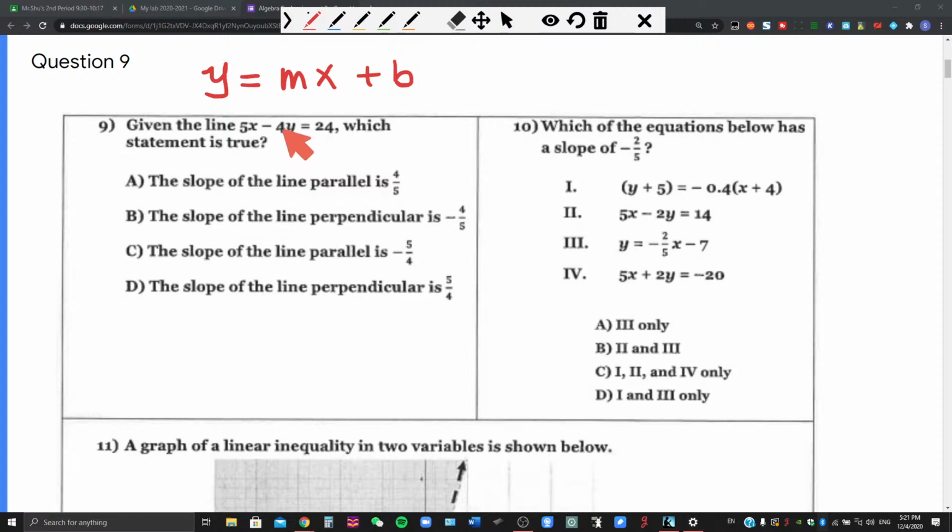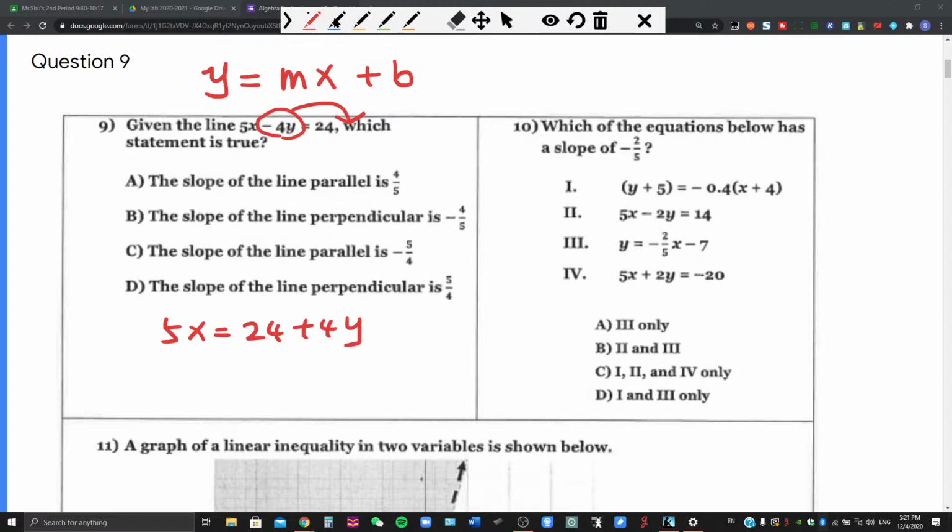Let's move the y to the right side. Negative 4y, if we move it to the right side, it will flip. So after moving, we will have 5x equals 24 plus 4y.